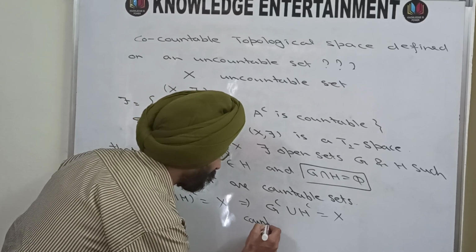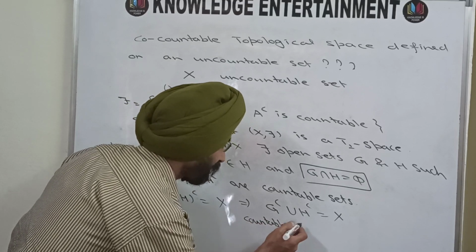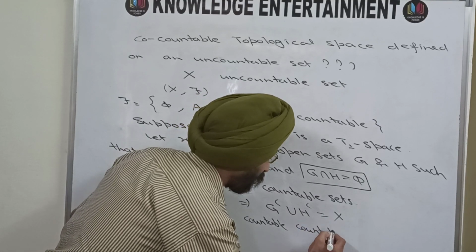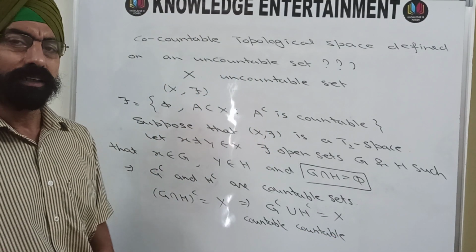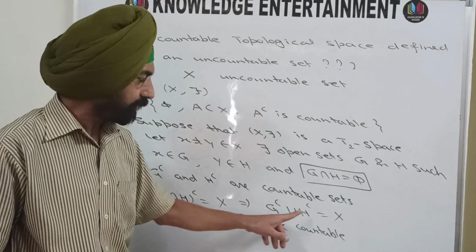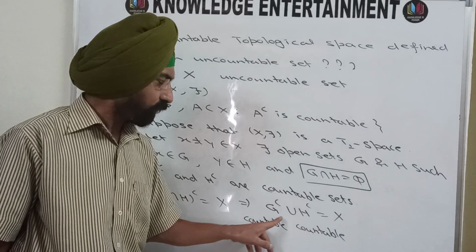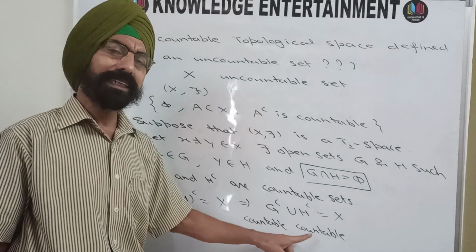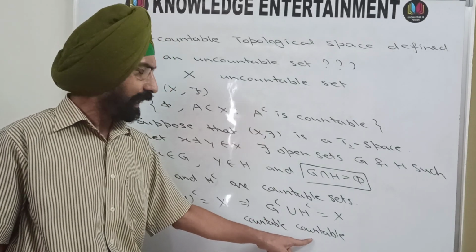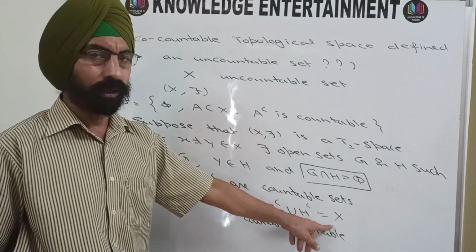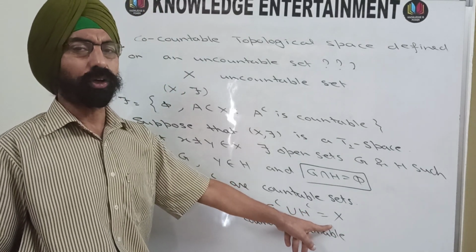It is a countable set, and H complement is also a countable set. This is a countable set, this is a countable set, and we know that union of two countable sets is also a countable set. That means X is a countable set.